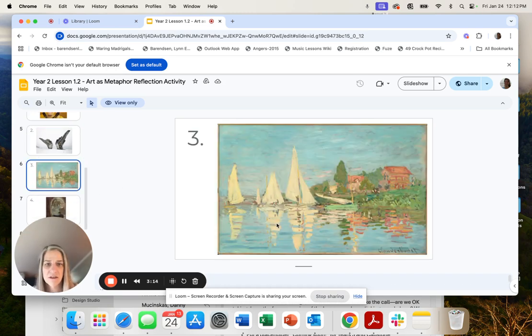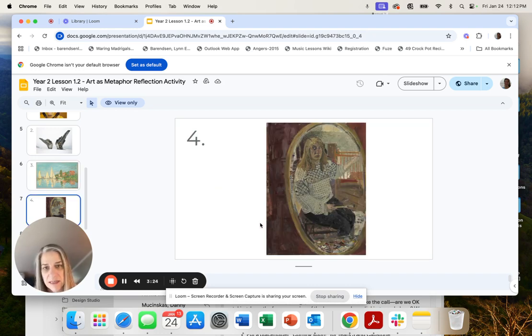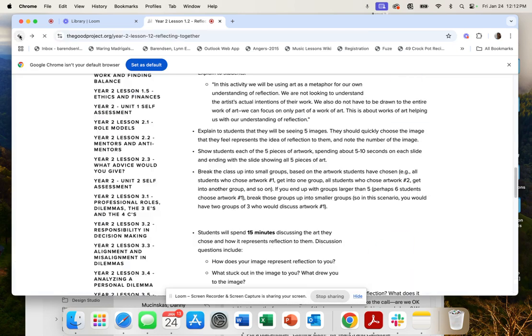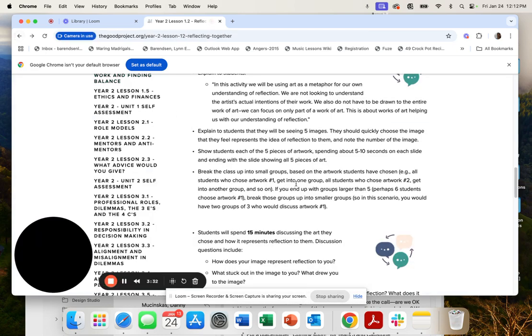And here's another. There's the literal reflection in the water, but then also, perhaps I'm the viewer sitting here on a beautiful day, thinking about why I enjoy being out in nature. So these are just some examples of how individuals may reflect.